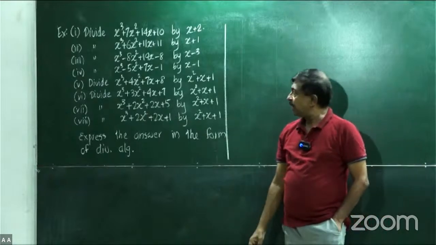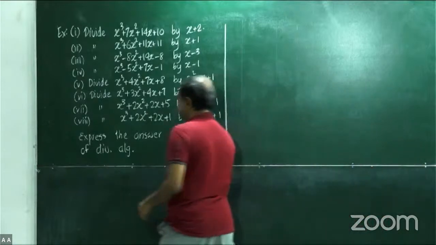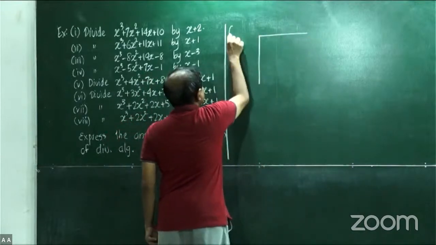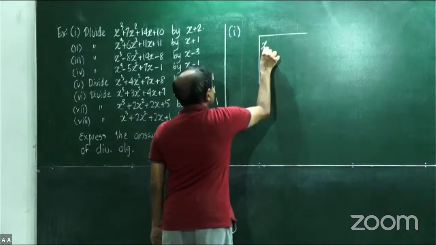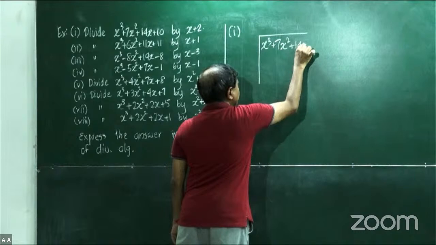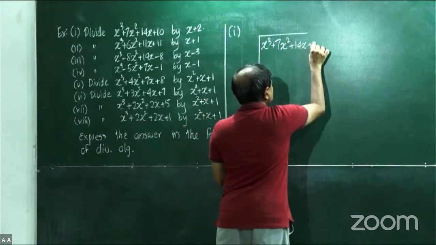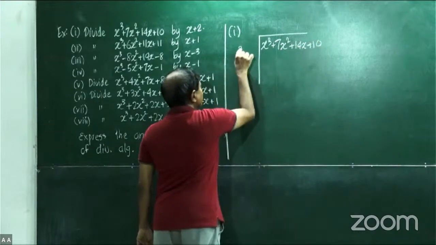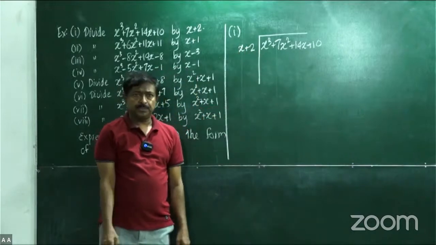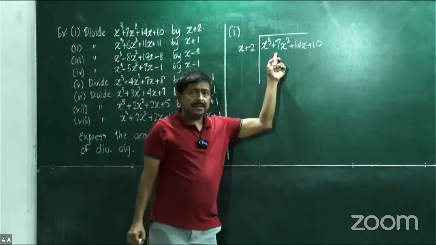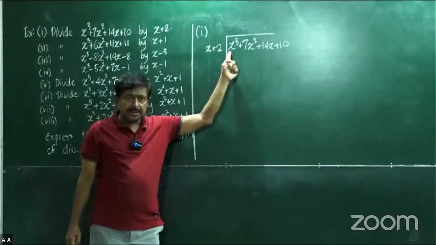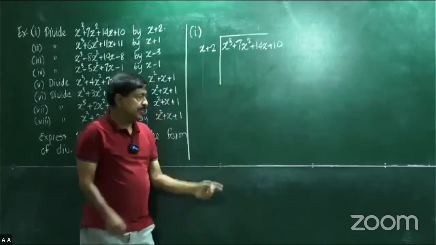I'll do 1 and 3. You divide it by x plus 2. When you do that, you take the leading term divided by x.